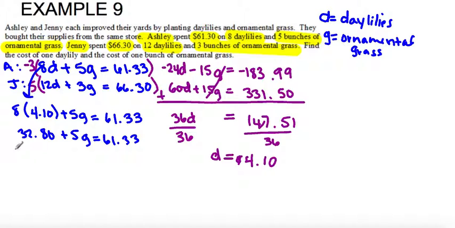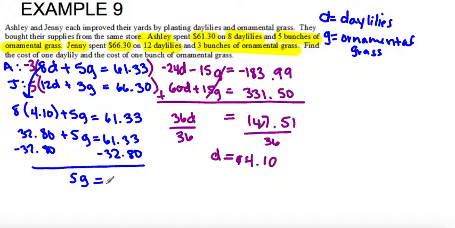And I have to get G by itself, so I subtract 32.80 on both sides. So 5G comes down. And then 61.33 minus 32.80 is 28.53. I have to get G by itself, so I divide both sides by 5.